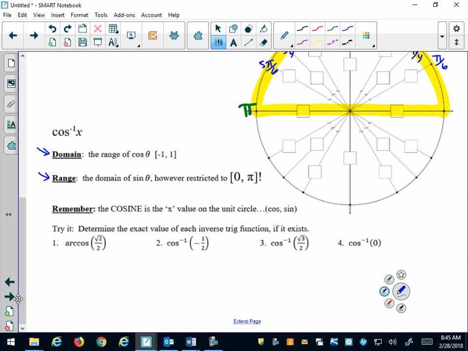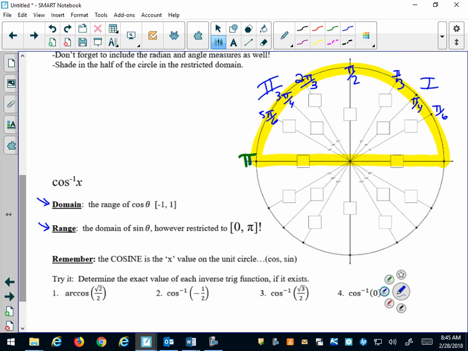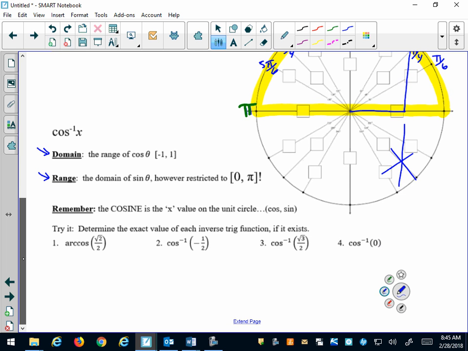So now you're just saying what angle has a value for its cosine of the square root of 2 over 2. Cosine, sine. Well, you might be thinking, okay, it's either here or here, but remember this one doesn't count because it's not in our highlighted area. So it's just this one, pi over 4.